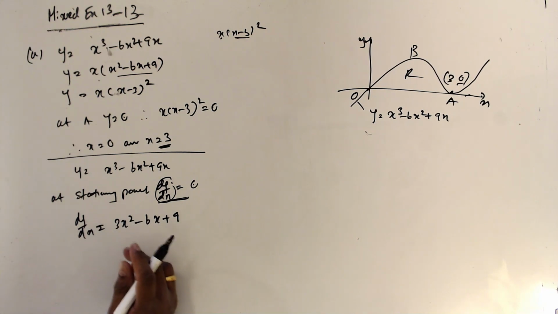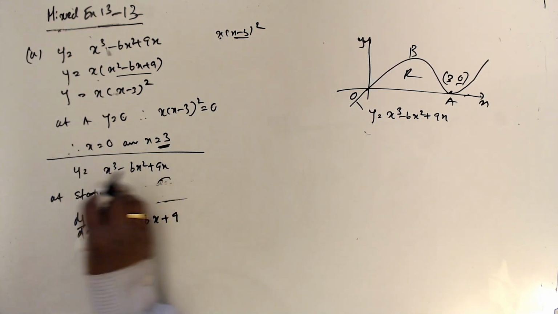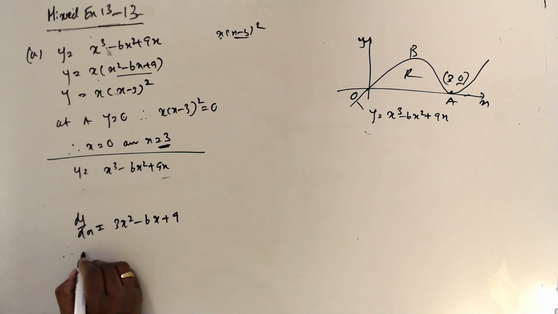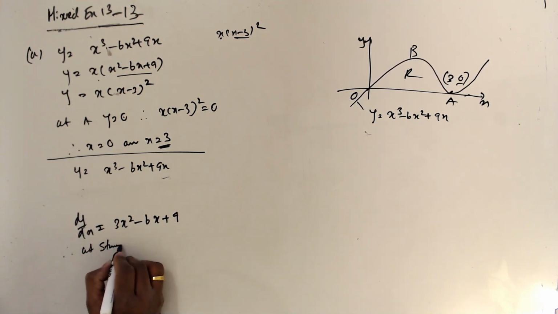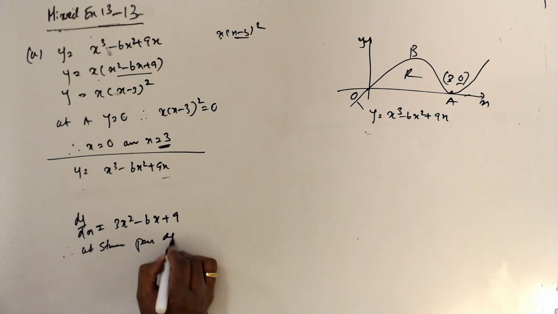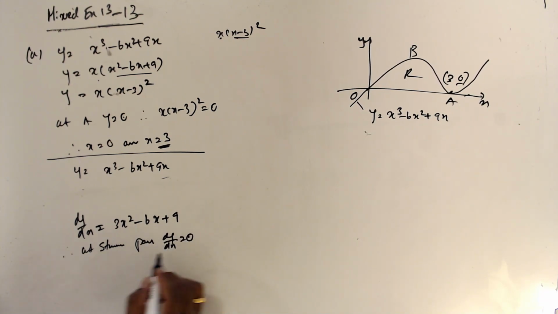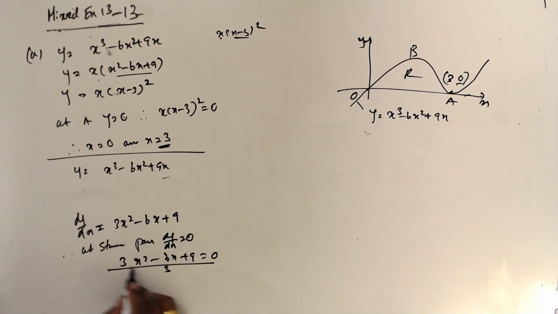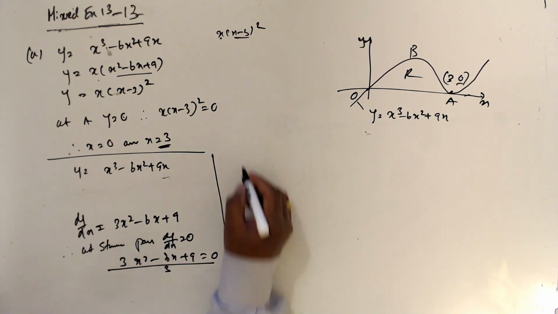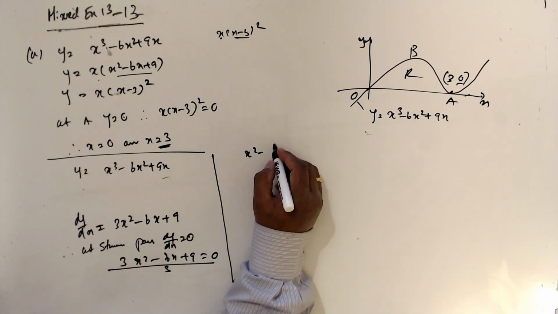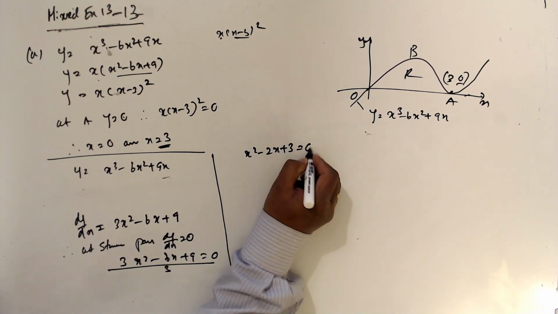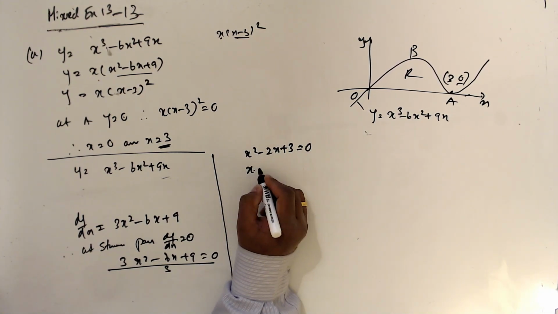Actually, we have to write it a better way. We find dy by dx first, then we write at stationary point dy over dx equals 0. Hence 3x squared minus 12x plus 9 equals 0. Divide by 3, so this is going to be x squared minus 4x plus 3 equals 0.